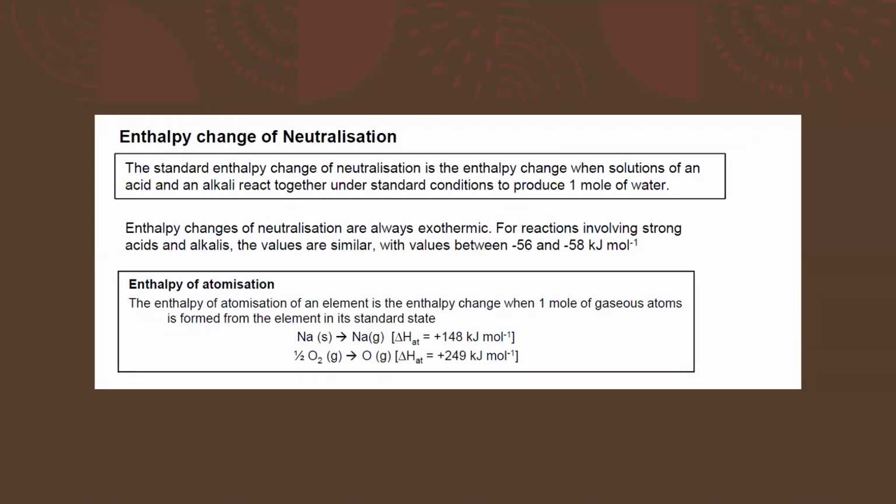water. For example, you have HCl, and this HCl is reacting with NaOH.